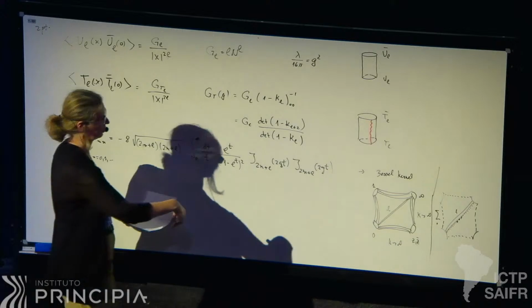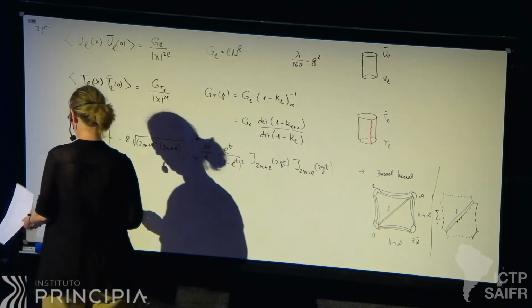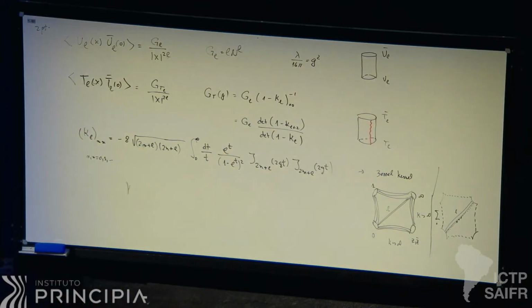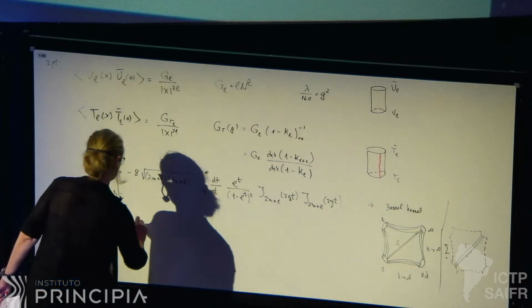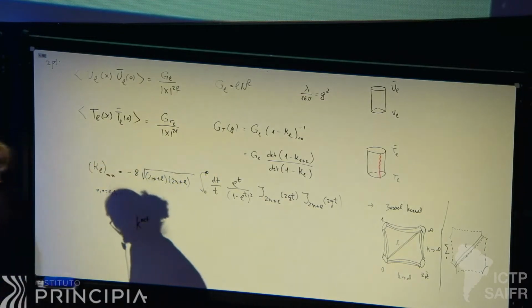And if you are doing this, in fact, you are getting a kernel. The result is written in terms of the octagon kernel.